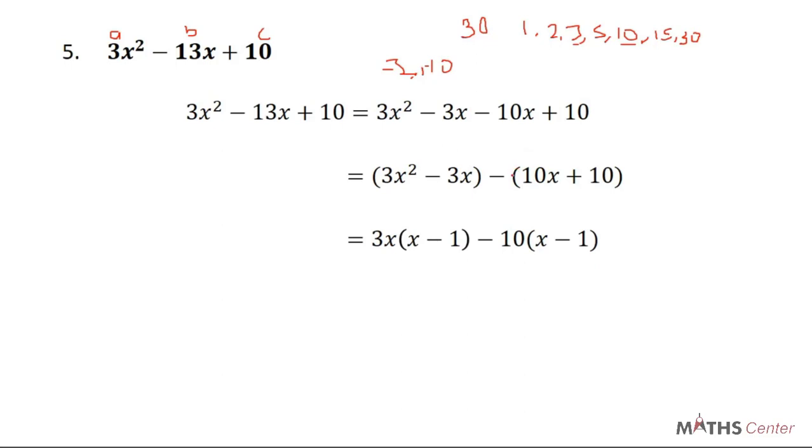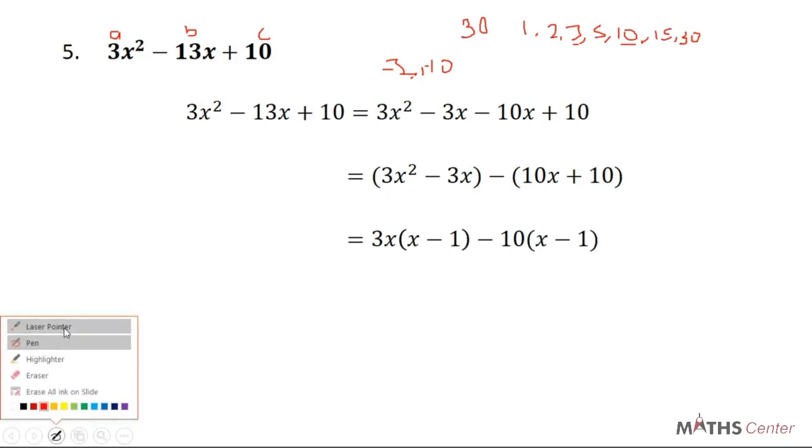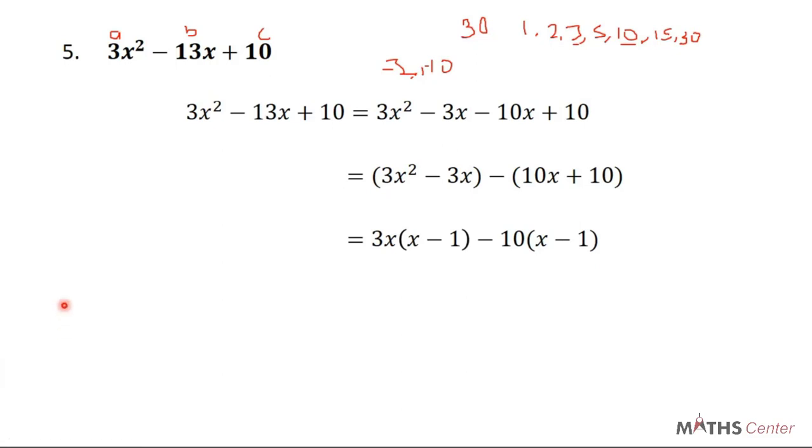Now remember that when you were studying factorization of algebraic expressions, I said that whenever you have a negative sign outside the bracket and you factorize something out, if the sign in the bracket is positive, it changes to negative. If that sign is negative, it changes to positive. So here we have a negative sign outside the bracket.